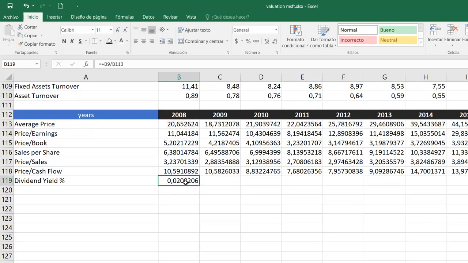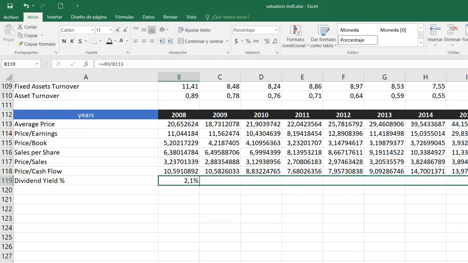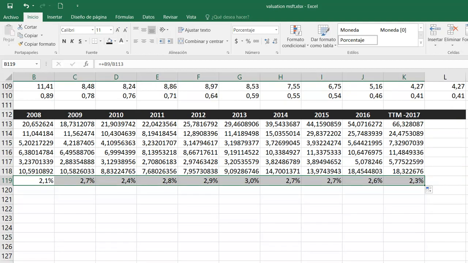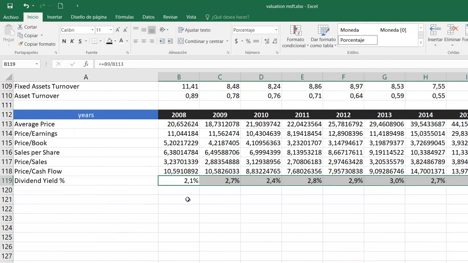That's a percentage, so I select the data I just estimated. At the first menu, I will click on the percentage format. I might want to use at least one decimal to notice changes. And the data stays relatively the same over time, right?